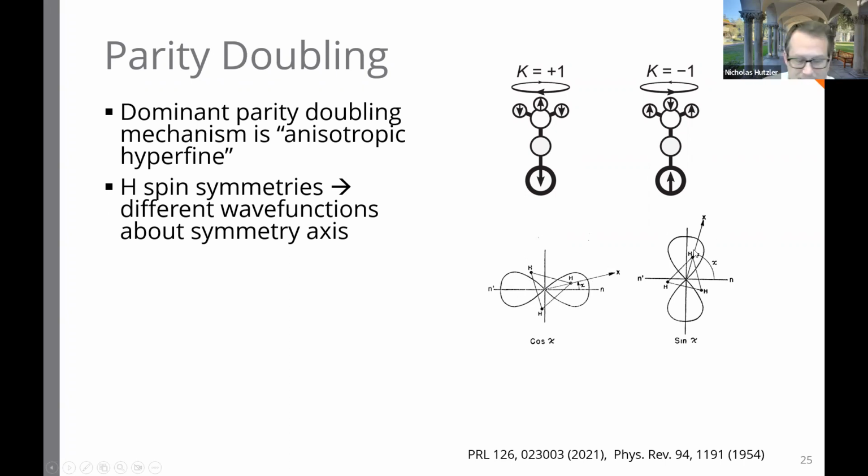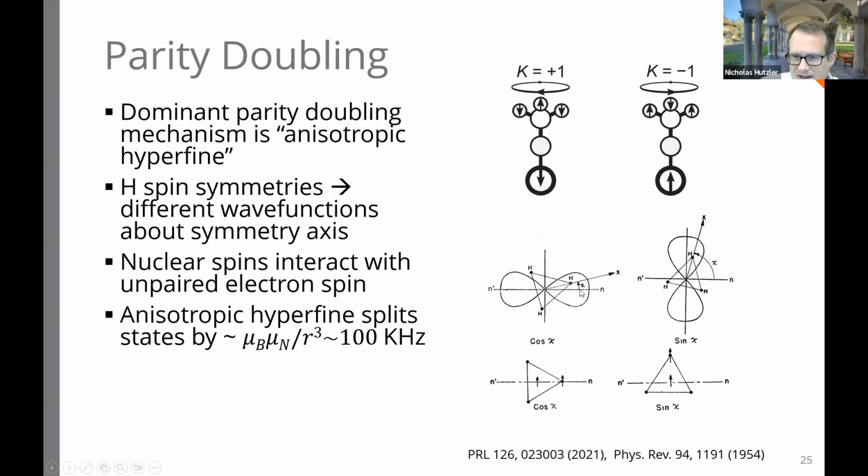Very much like the lambda doubling argument we went through, except now it's not the moment of inertia that's giving you the dominant contribution. It's the fact that these different distributions of the position of the nuclei, which have magnetic moments, interact with the electron spin or the nuclear spin.